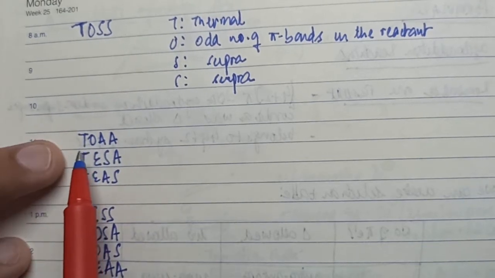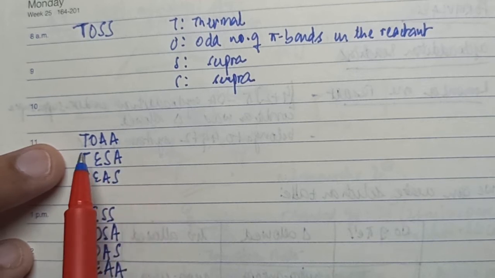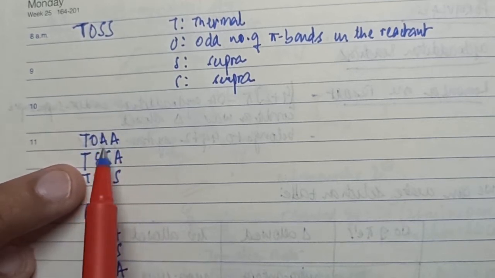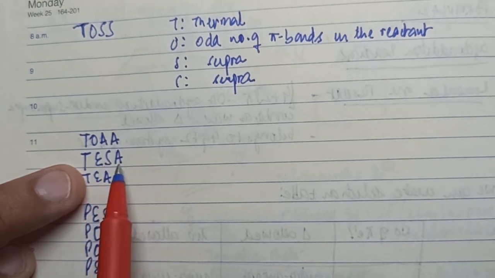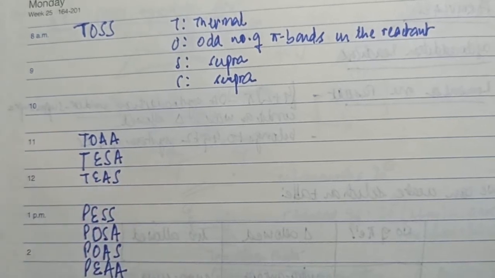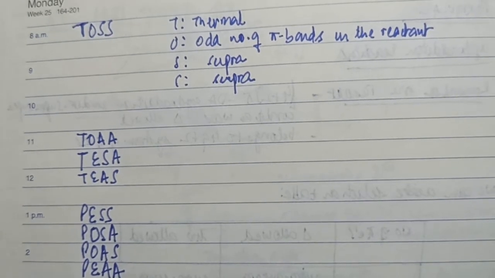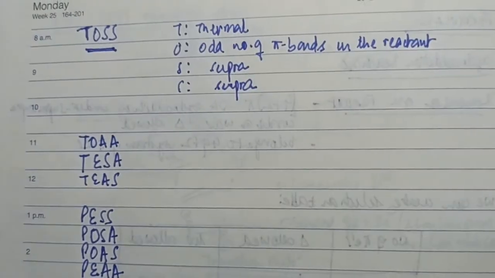For example, if I remember TOAA, then thermal remains thermal, odd becomes even, which is one change, and antara becomes supra, which is the second change, while the other antara remains antara. So any formula can be interconverted and a new formula created. But do remember one formula from which you can create the entire set.